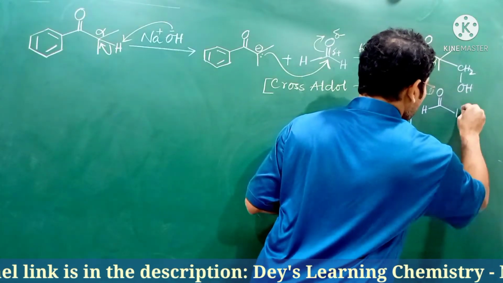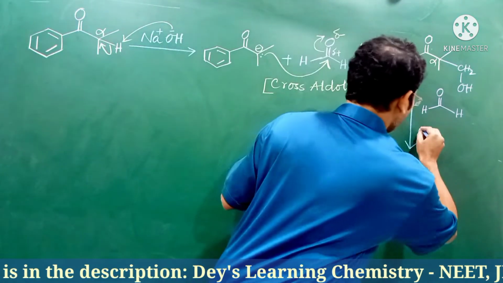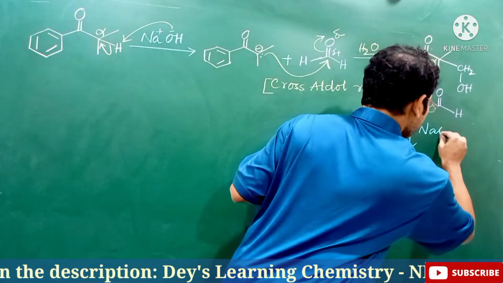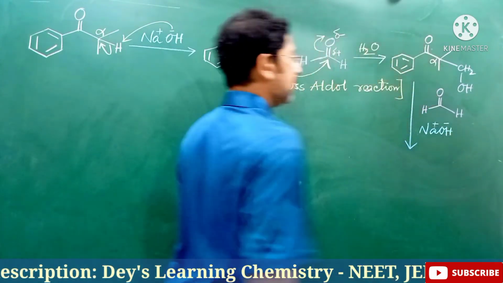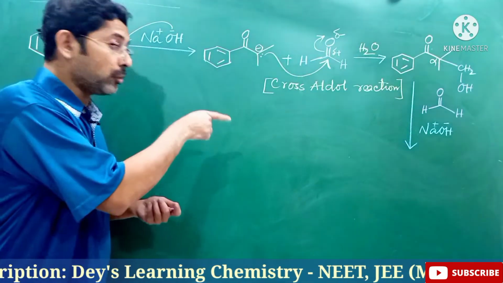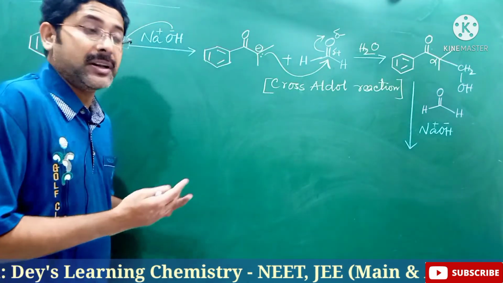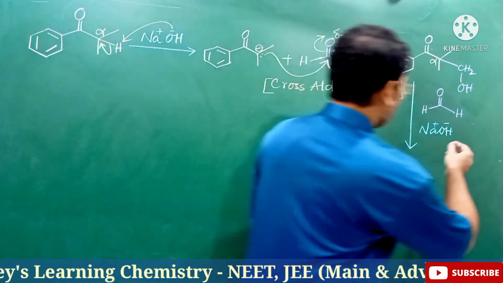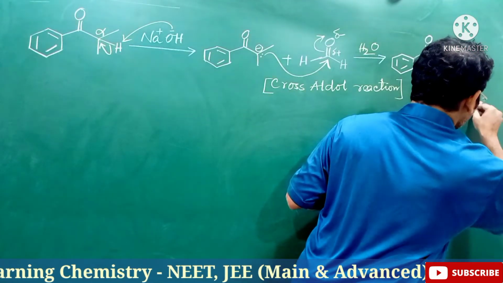And the medium is alkaline, so of course sodium hydroxide is present. Now take a close look at the question. The formaldehyde molecule is present in excess in the medium, right? So formaldehyde, this one, is present in excess in the reaction medium.